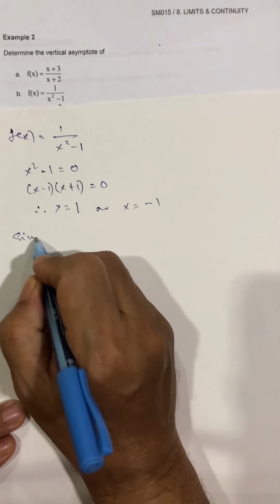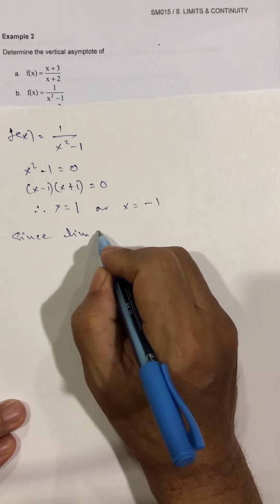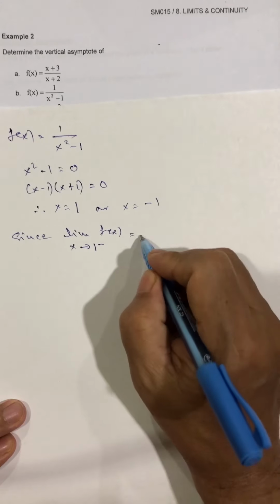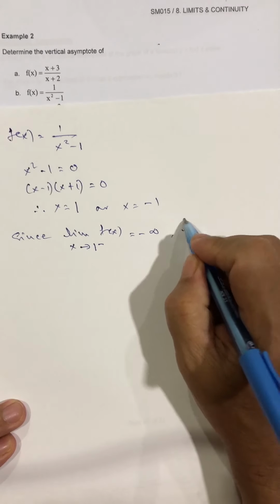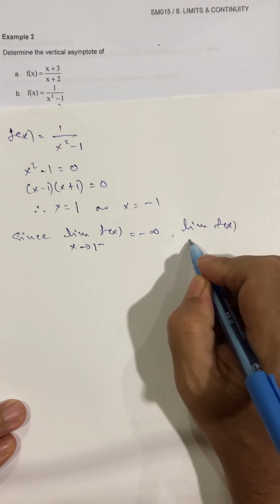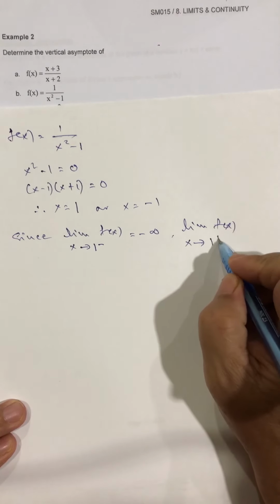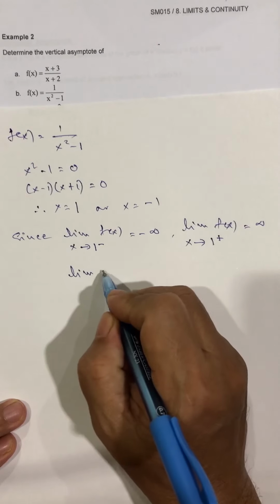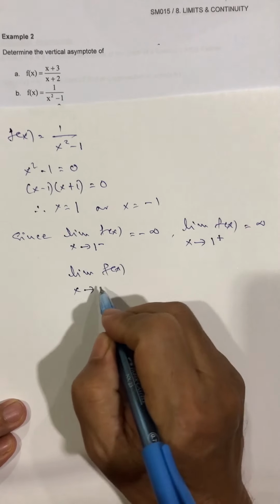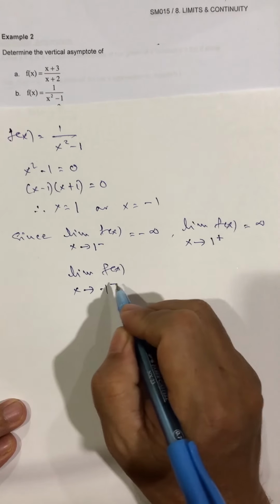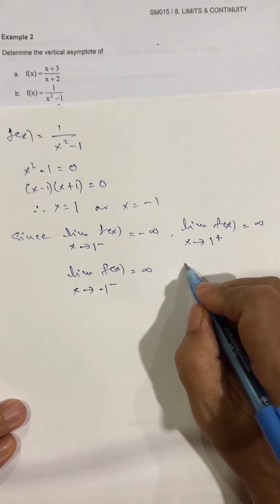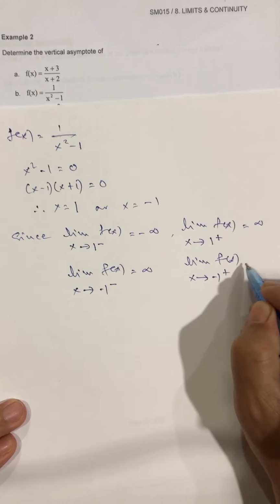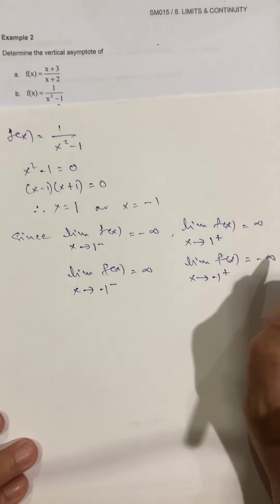Since the limit of f(x) when x approaches 1 from the left is equal to negative infinity, and the limit when x approaches 1 from the right is equal to infinity, and also the limit of f(x) when x approaches negative 1 from the left is equal to infinity, and the limit when x approaches negative 1 from the right is equal to negative infinity.